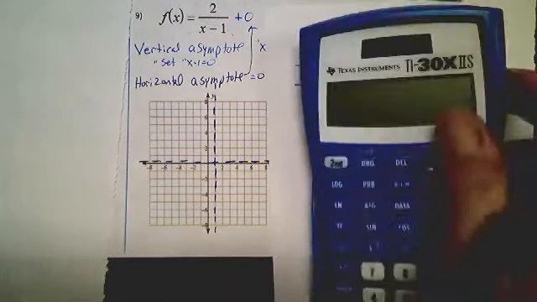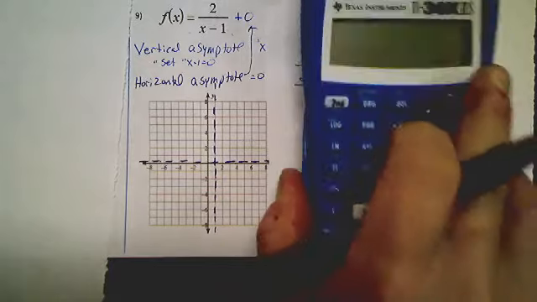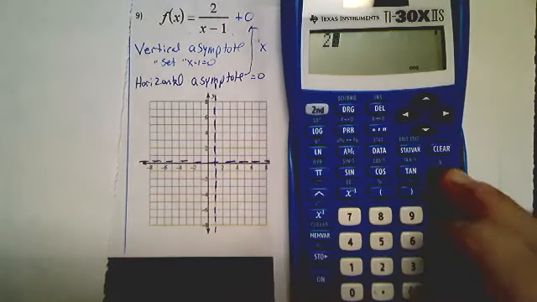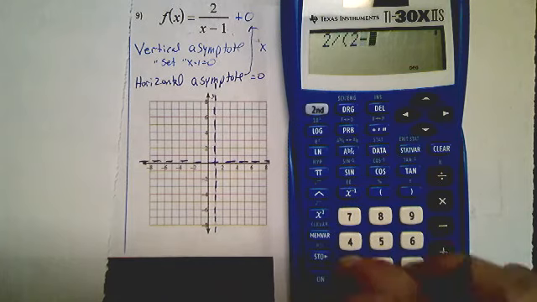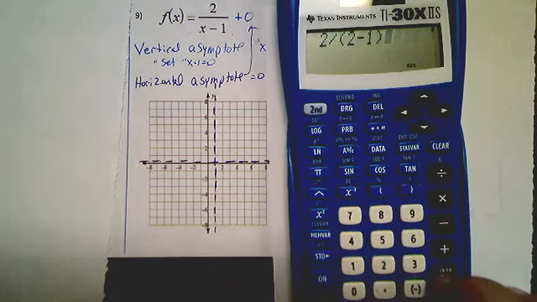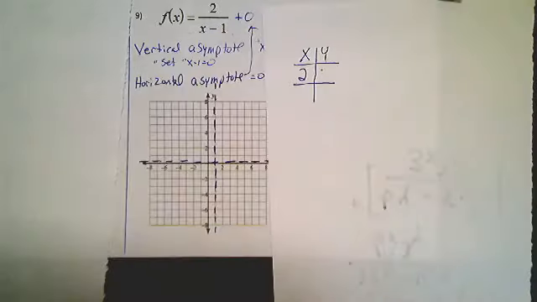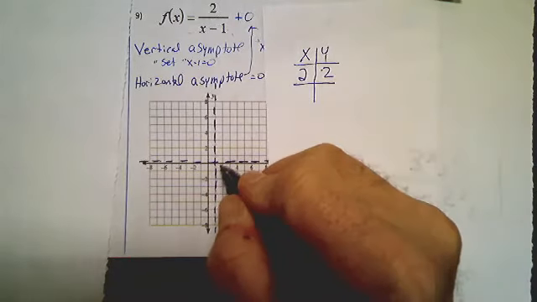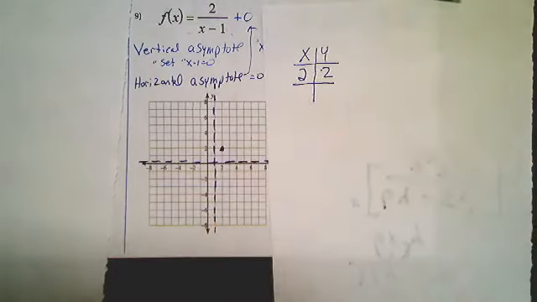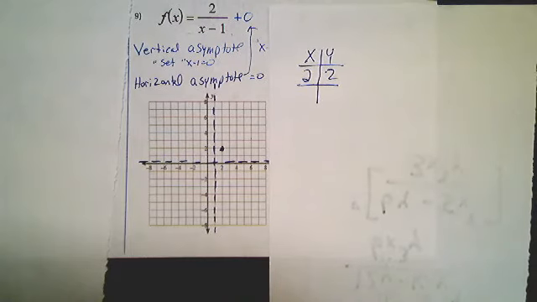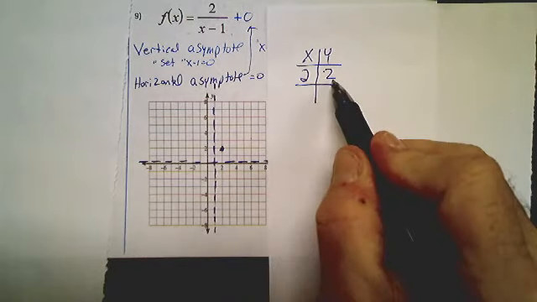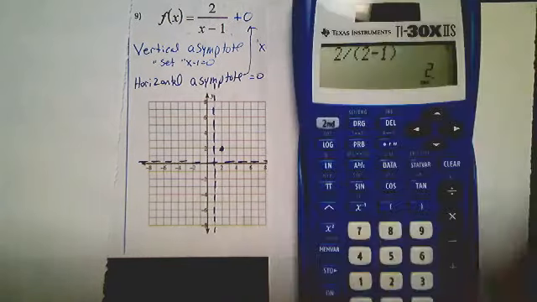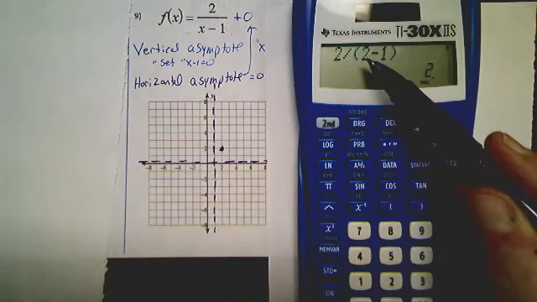Kind of fast math. Check it out. 2 divided by 2 minus 1. We get 2. 2 gets a dot. Put a 2 where the X is.